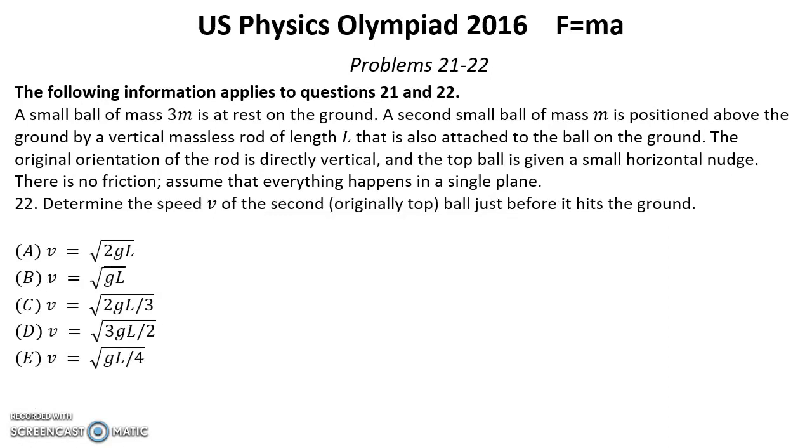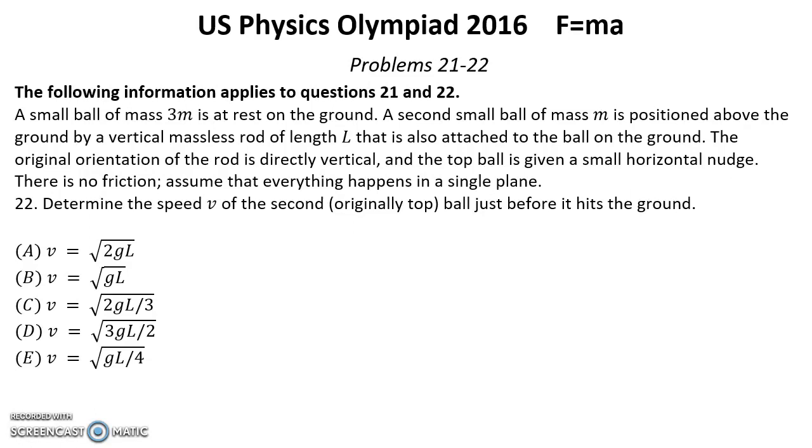Problem number 22. Determine the speed v of the second, originally top ball just before it hits the ground. When the small ball reaches the ground, it has only vertical speed, because horizontally this rod is not moving. The horizontal momentum is 0.